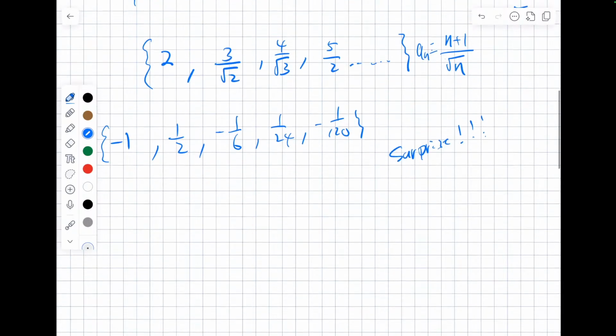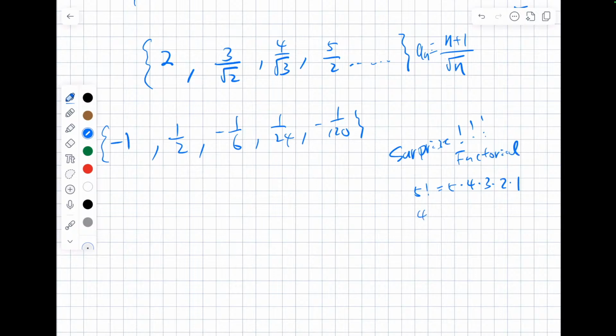Okay, so for those of you who don't know, 5 factorial is 5 times 4 times 3 times 2 times 1. See, it's called factorial. It's not called exclamation mark. Factorial.